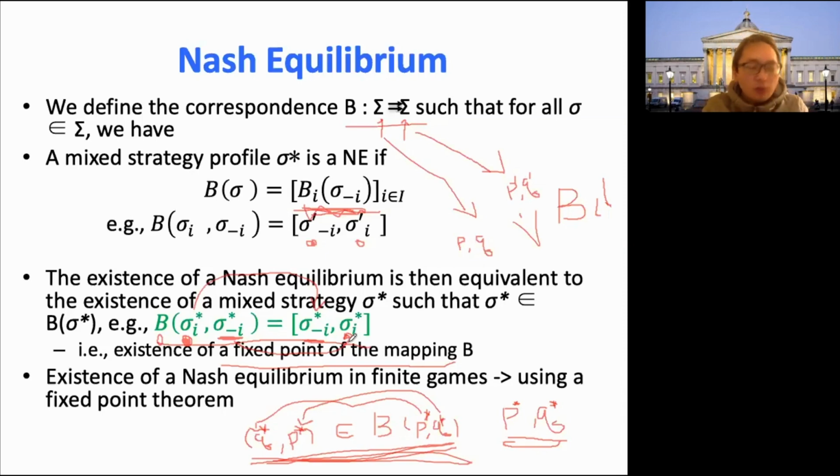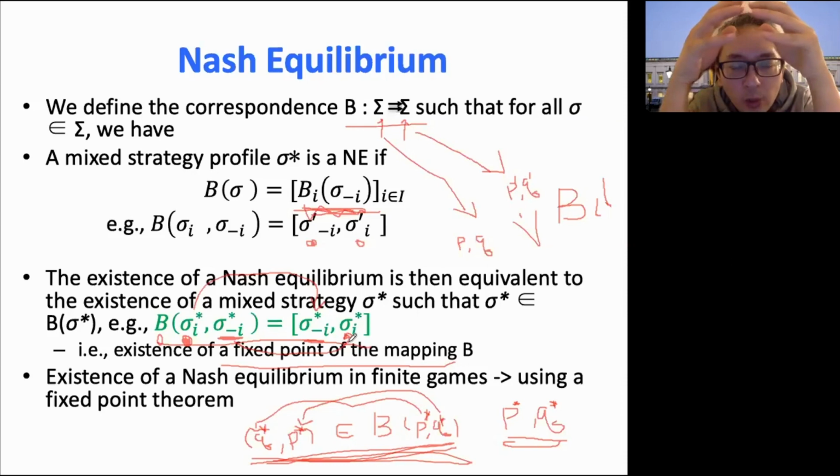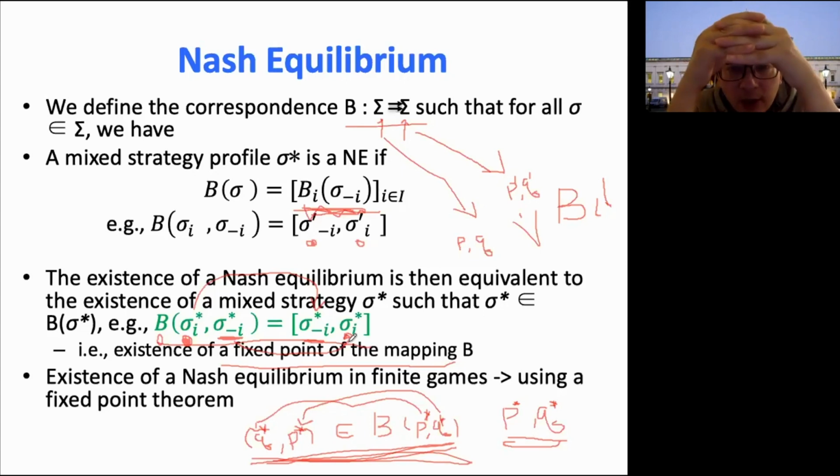So just to summarize the logic here: by definition, we define this best response mapping by this correspondence P. The input is the joint policies, the mixed strategies, and the output is a mixed strategy.